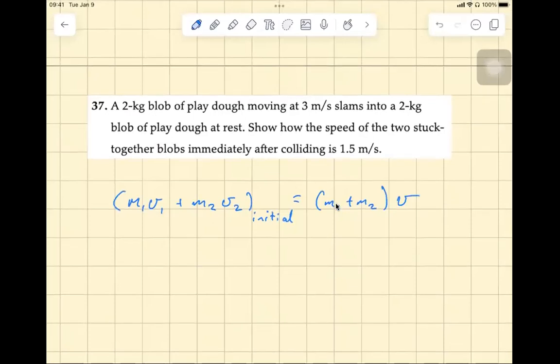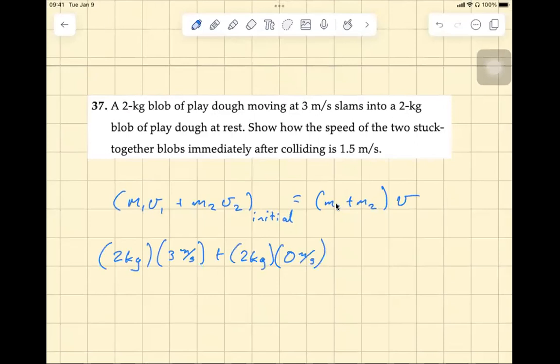Okay, so M1 is 2 kilograms times a velocity of 3 meters per second, plus M2, which is the same thing, 2 kilograms times 0 meters per second.